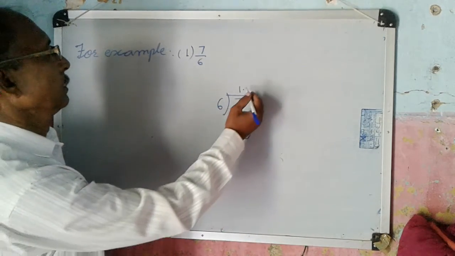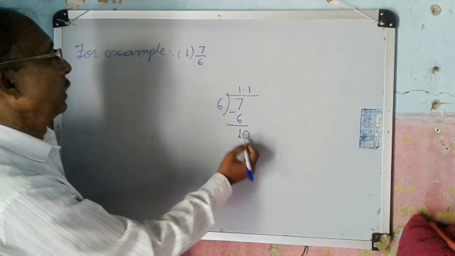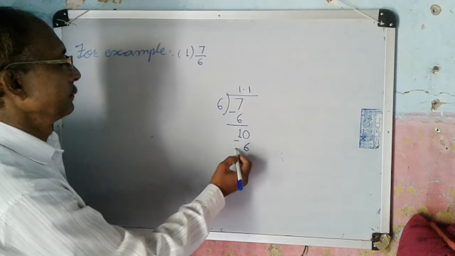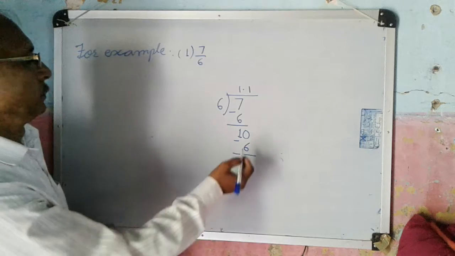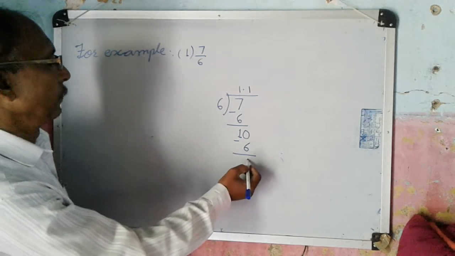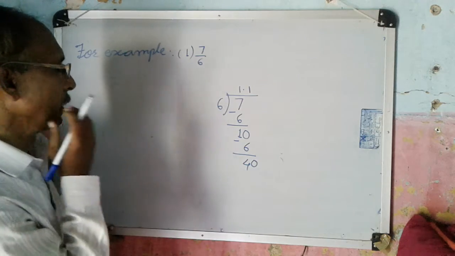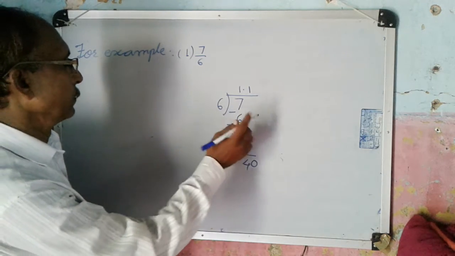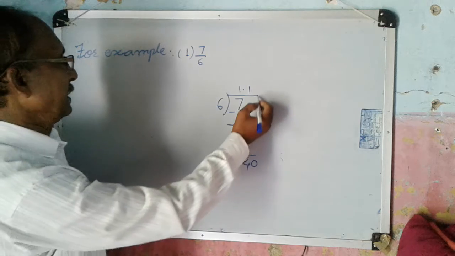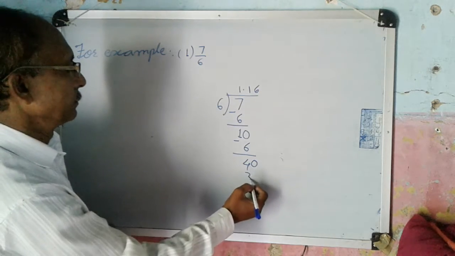Divide 10 by 6, quotient is 1, 6 ones are 6. Now subtract 6 from 10, we get here 4, take 0 after 4, we get 40, divide 40 by 6, the quotient is 6, 6 6s are 36.